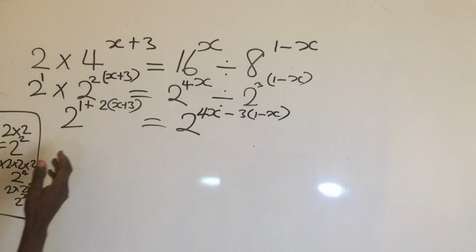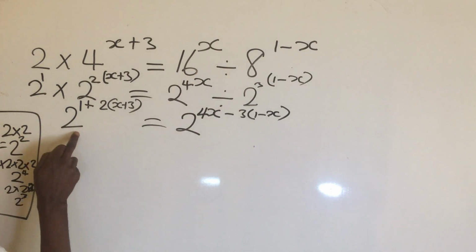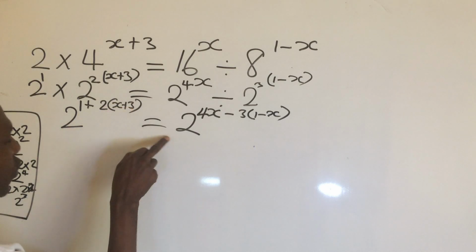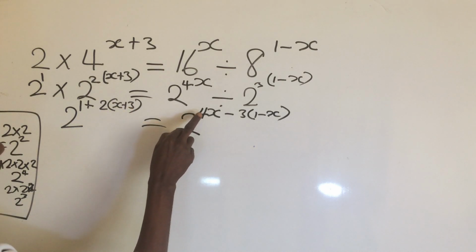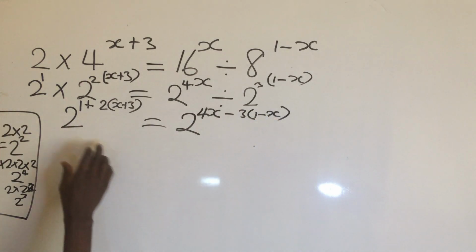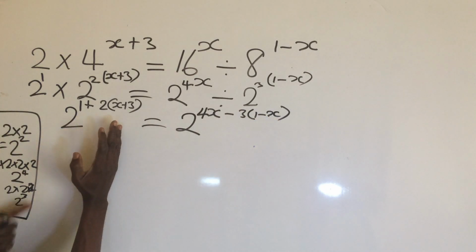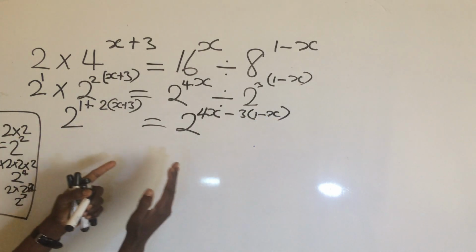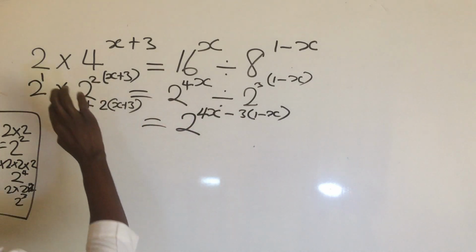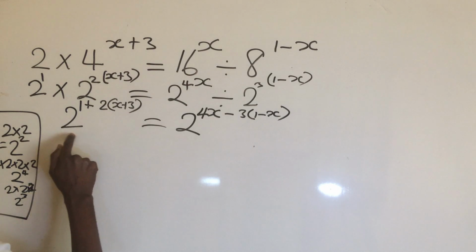Now, since we have succeeded in getting 2 raised to power 1 plus 2 in bracket x plus 3 equals to 2 raised to power 4x minus 3 in bracket 1 minus x, and we have the same base 2 on both sides, we now have the right to collect the powers and leave the base.